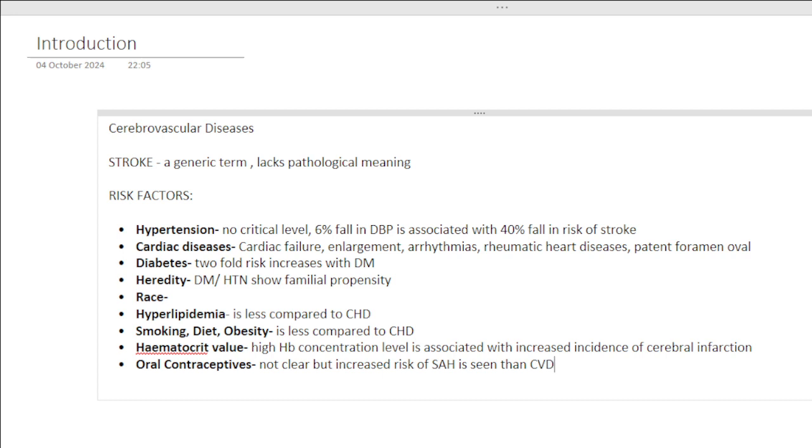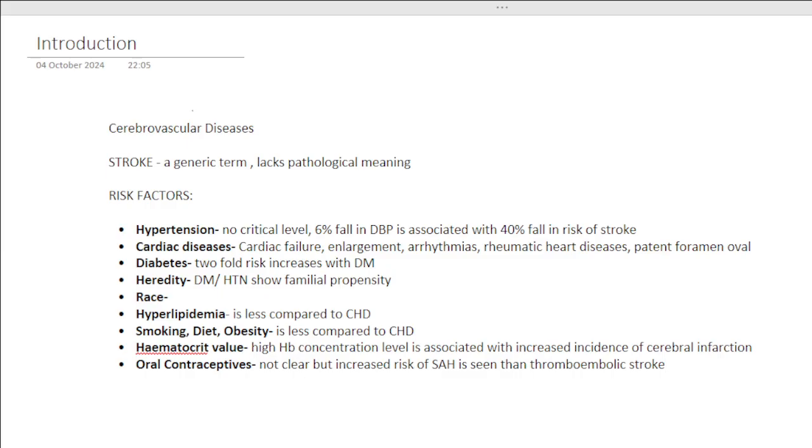Sorry, I used the umbrella term, but it's a thromboembolic stroke. More than that, it has been seen that subarachnoid hemorrhage has been associated.